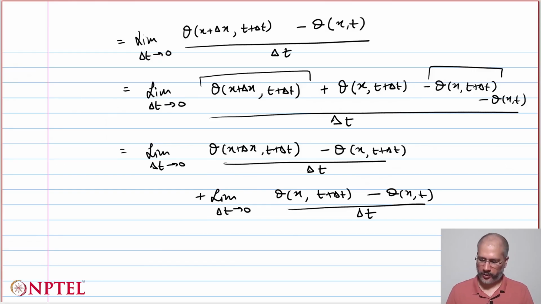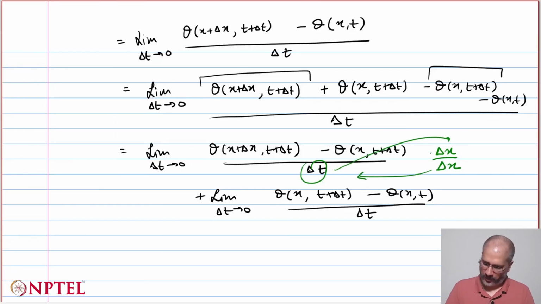Additionally, I'll multiply this by delta x and divide by delta x. In fact, I'll move this delta t here and this delta x here.